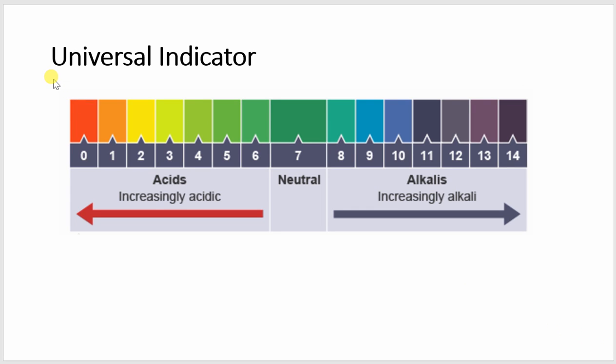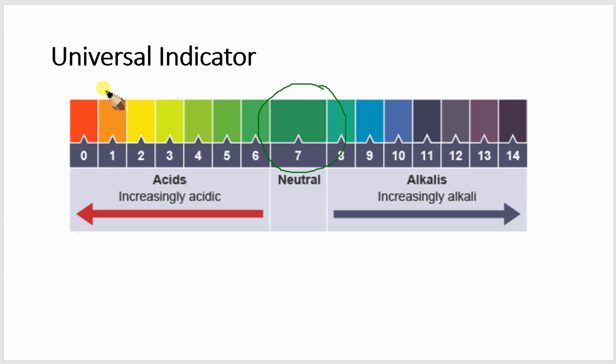A much better indicator is universal indicator, and that can come on paper and also as a solution. The advantage of using universal indicator is you can tell straight away how strong or how weak the acid or alkali is, or indeed you can also tell if you've got a green pH 7 neutral solution.